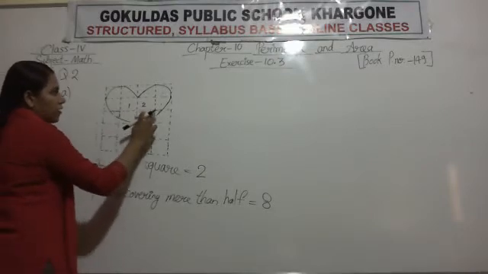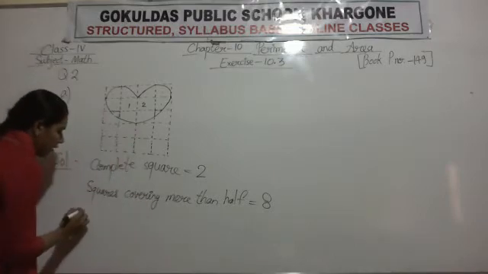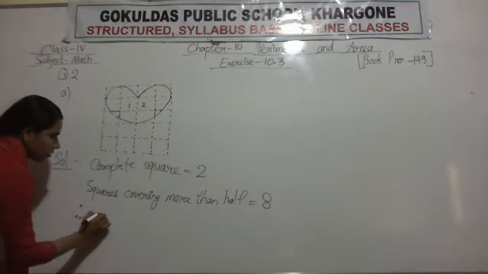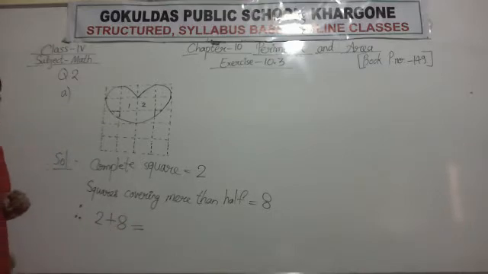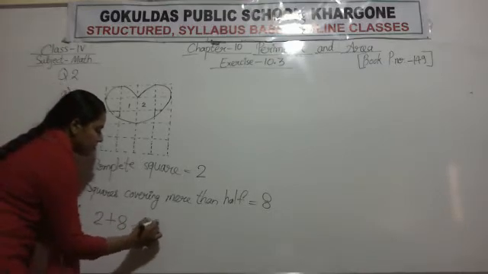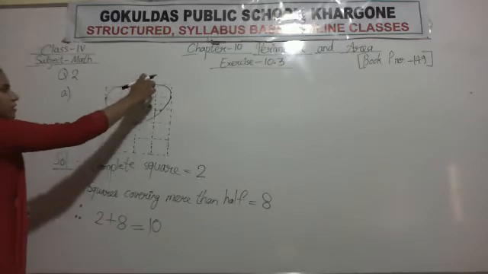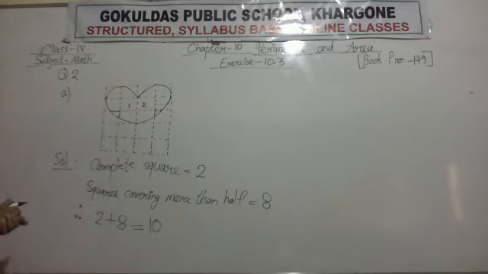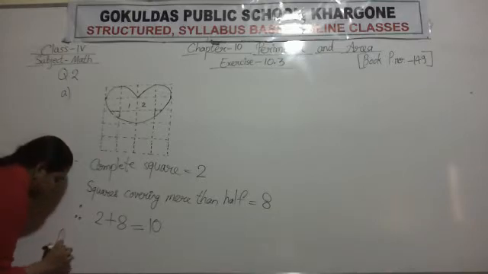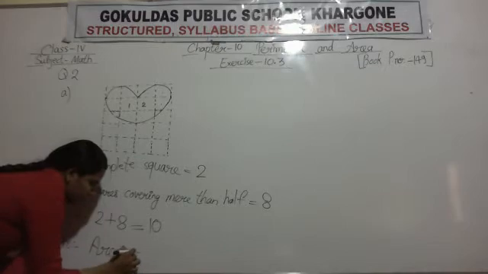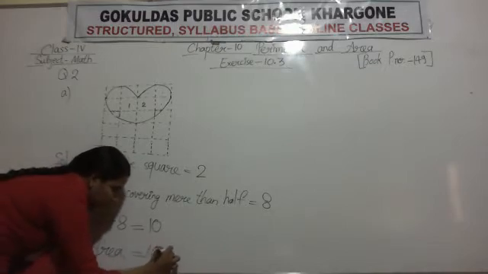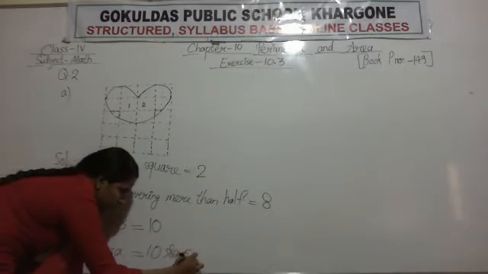We will ignore this part. So 2 plus 8 is 10. It means the area of this heart shape is 10 square centimeter.